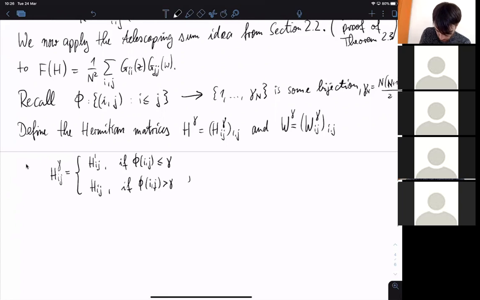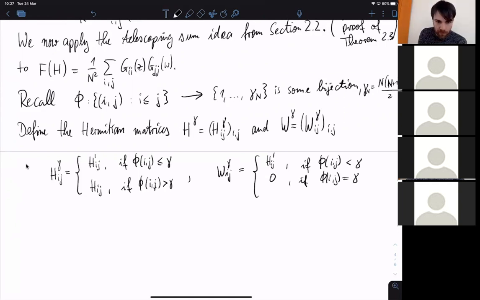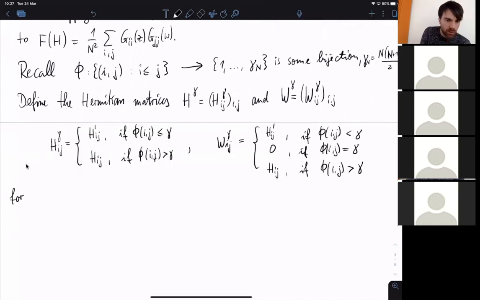And W_ij gamma differs only in the entry where phi of ij is equal to gamma: W_ij gamma is H'_ij as before if phi of ij is smaller than gamma, it is 0 if phi of ij is equal to gamma, and H_ij if it is bigger.